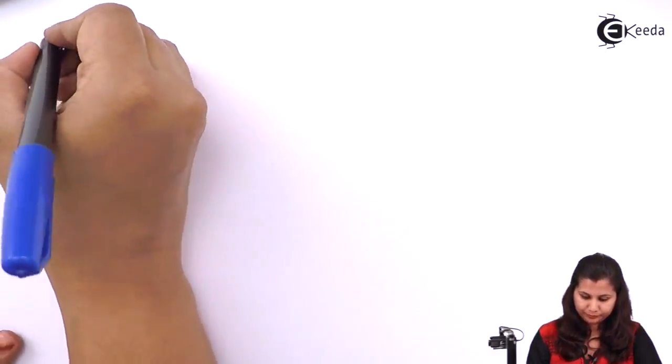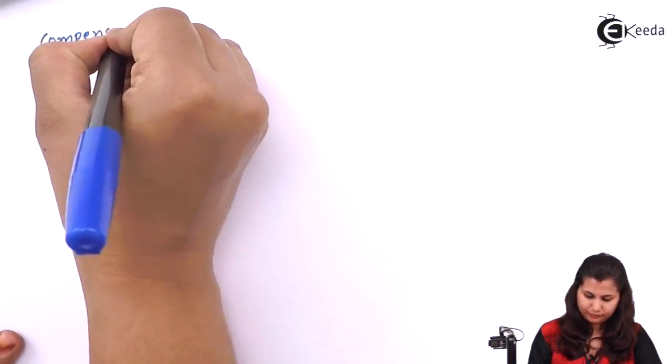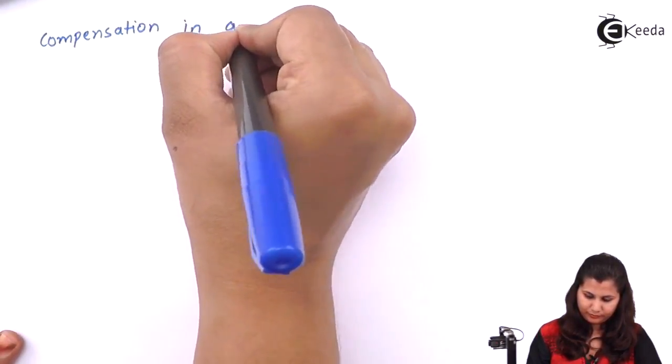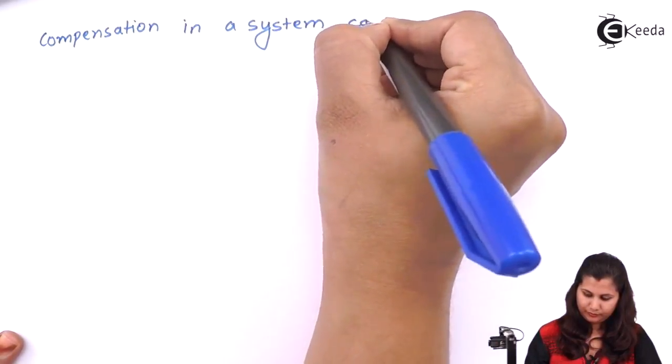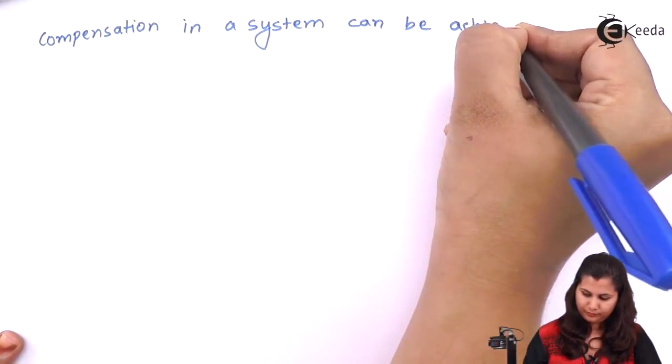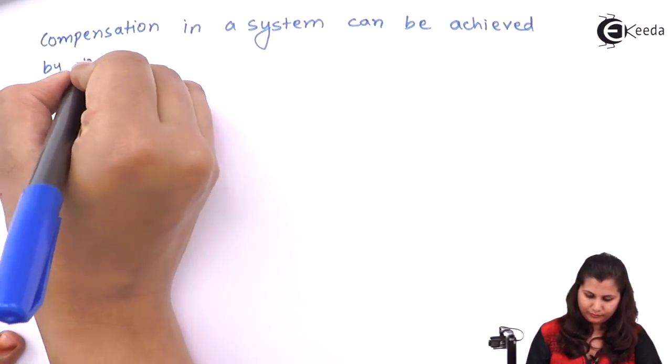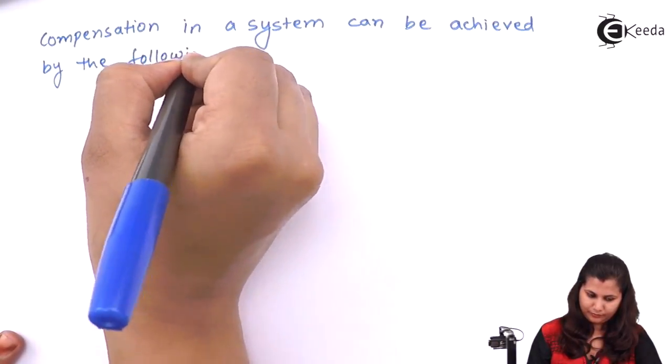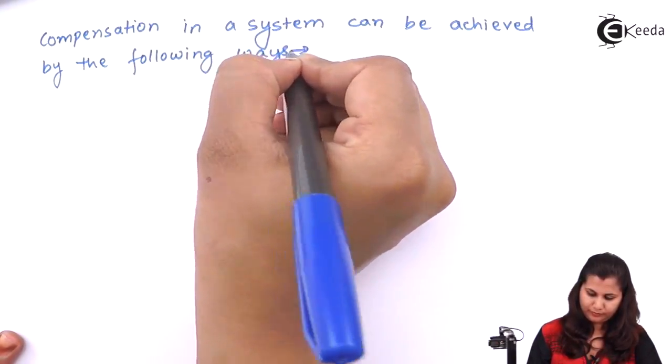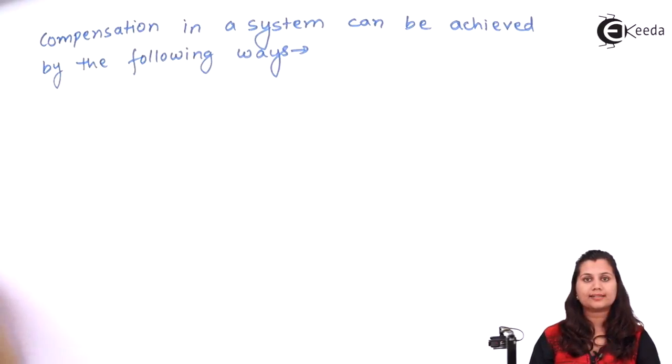Now, how can we do the compensation of a control system? Compensation in a system can be achieved in the following ways.